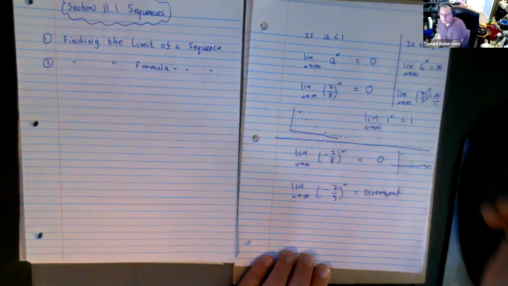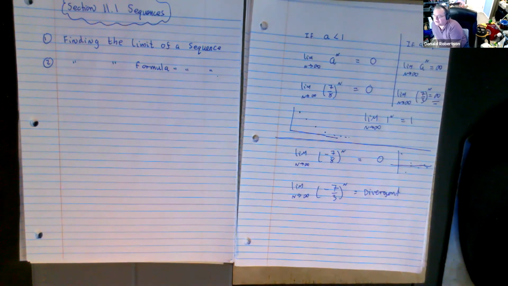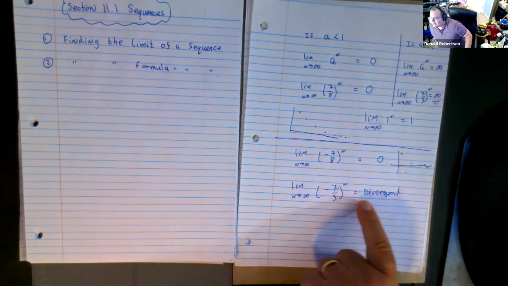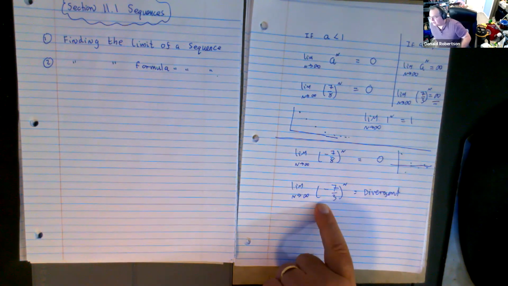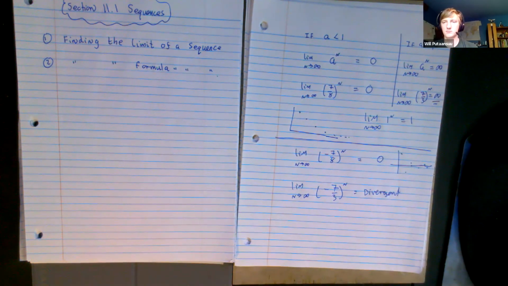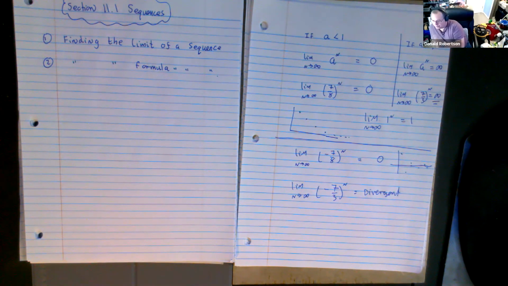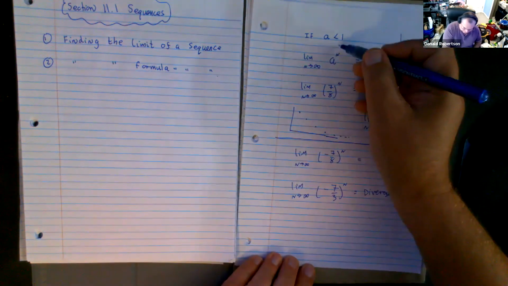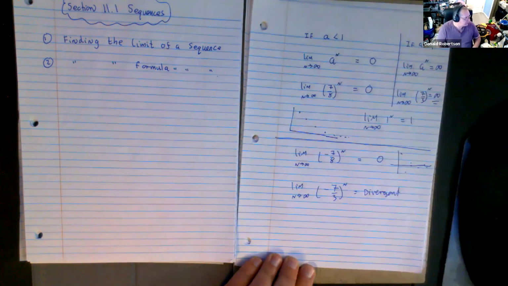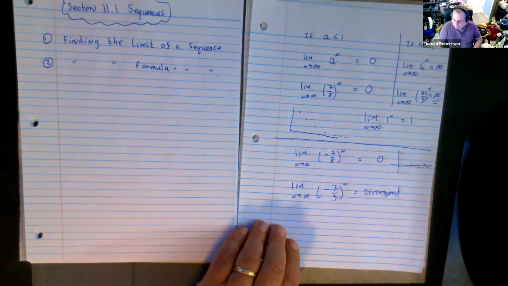So you notice that in WebAssign, you just write the word divergent, because it'd be a bit hard to tell me easily what the heck that was. Wouldn't it be easier to say it's divergent and not get into the details of what's wrong with it? So rule number 1 is this rule, right? There we go.